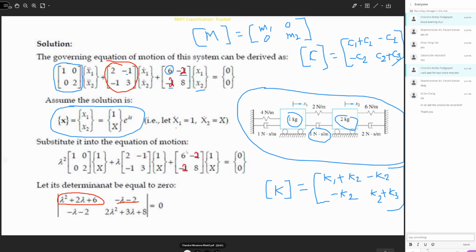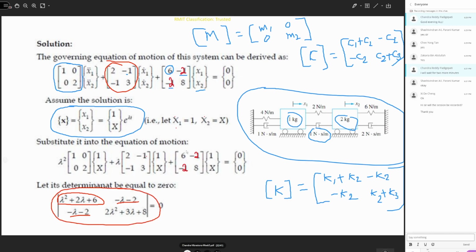Similarly, the third one is the same. The last element is 2 lambda square plus 3 lambda plus 8. So you get this determinant.